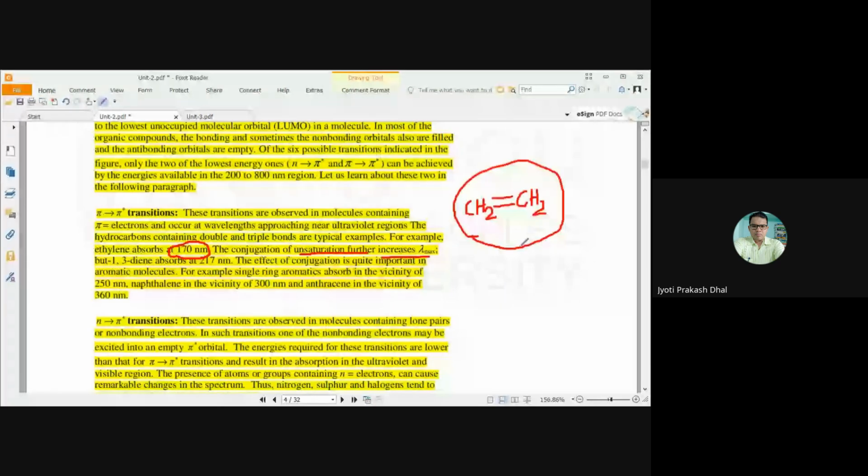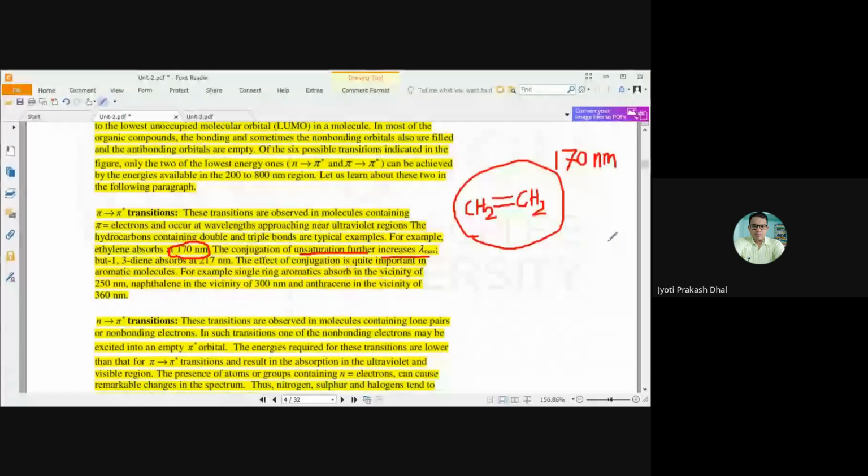In the typical example of ethylene, this molecule will absorb around 170 nanometers. That means when electromagnetic radiation of wavelength 170 nanometers passes through the sample, it causes the electronic transition from the pi to the pi star energy level.